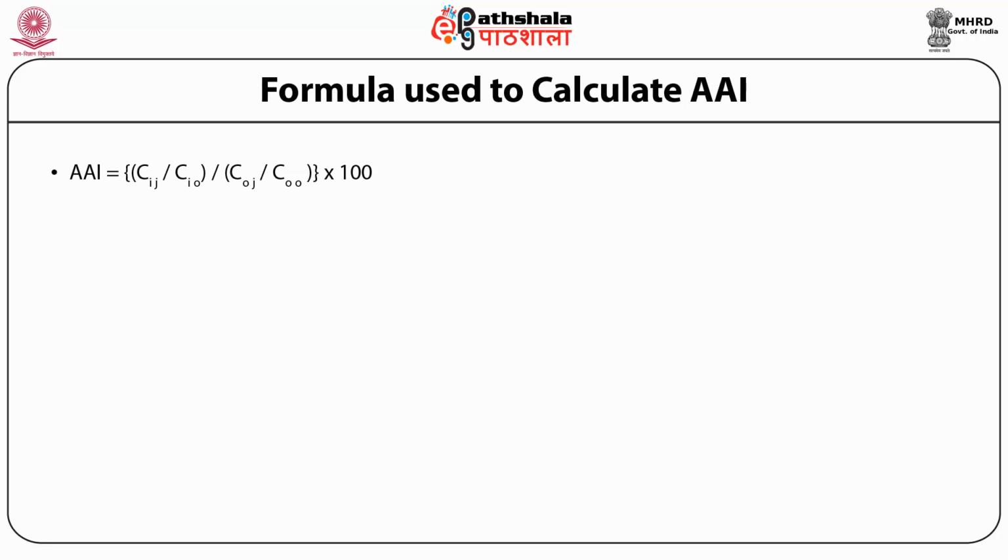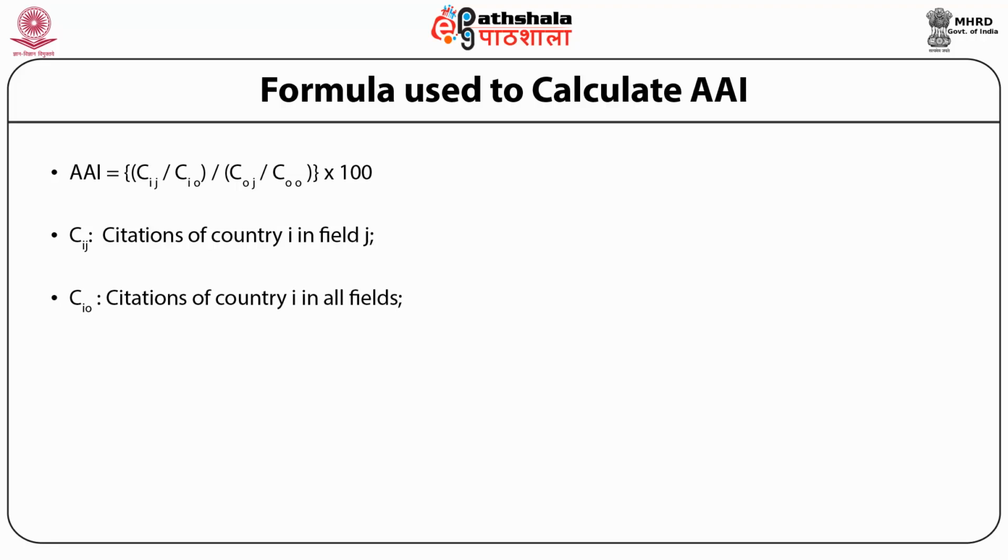AAI is equal to {[Cij / Cio] / [C0j / C00]} × 100. Cij denotes citations of country i in field j.